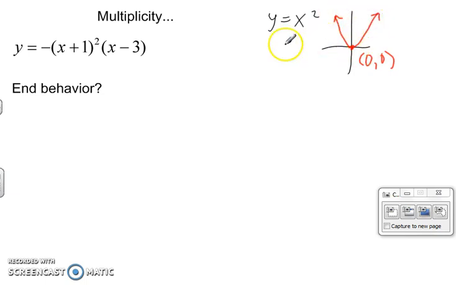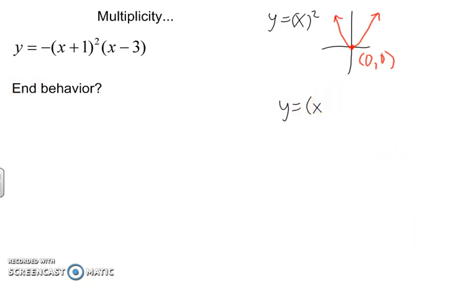And so anytime you have a graph that has the same factor twice, like let's try this one, y equals, we've done a lot of transformations this year. So if you have like x plus 2 quantity squared, we know that that takes that graph and moves it 2 units to the left.